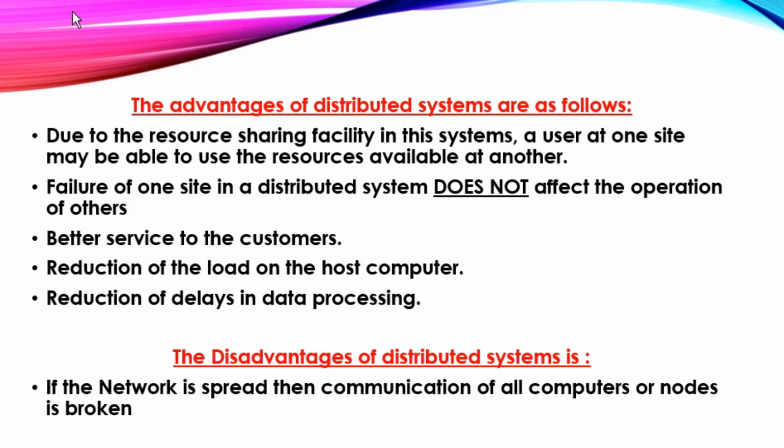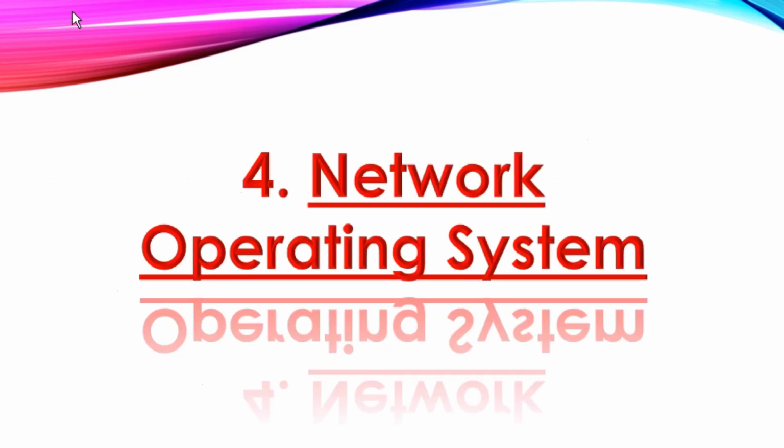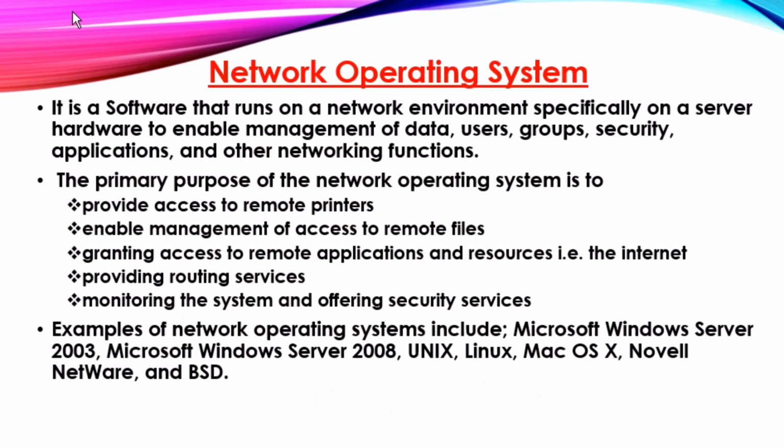Fourth, we have the network operating system. This is software that runs on a network environment, specifically on server hardware. This is to enable the management of data, users, groups, security, applications, and other networking functions.